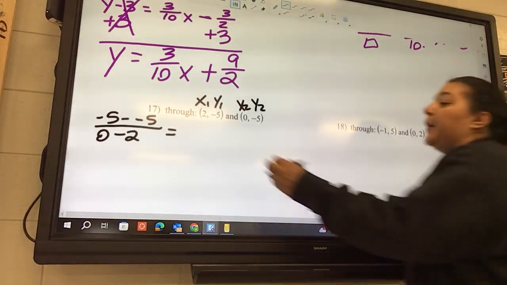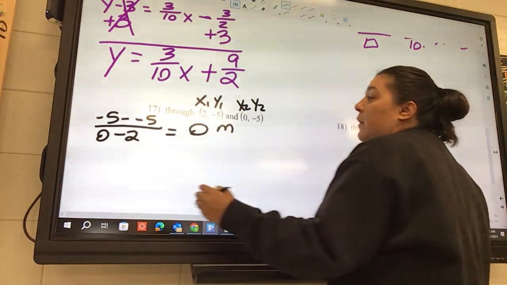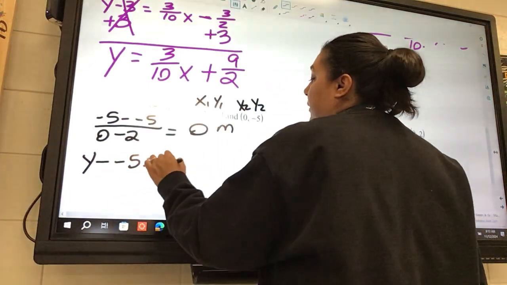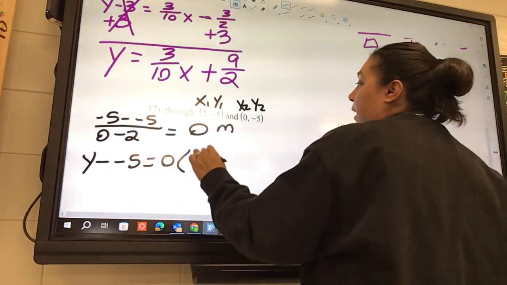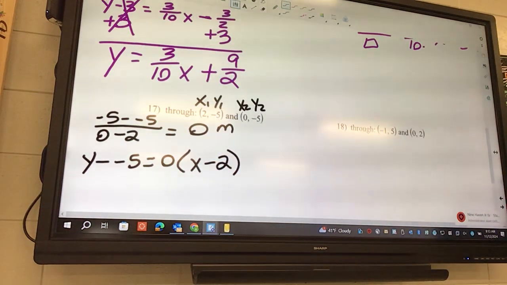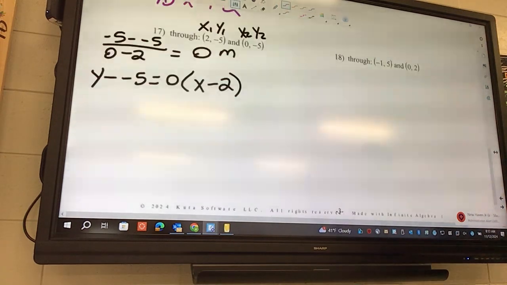So 0 for my m. This is my m. So it's going to look like y minus my y1 is -5, my m is 0, x minus x1. And again, is our slope a whole number or a fraction this time? It's a whole number, so it shouldn't be too bad to do this one. The fractions are the ones that suck.